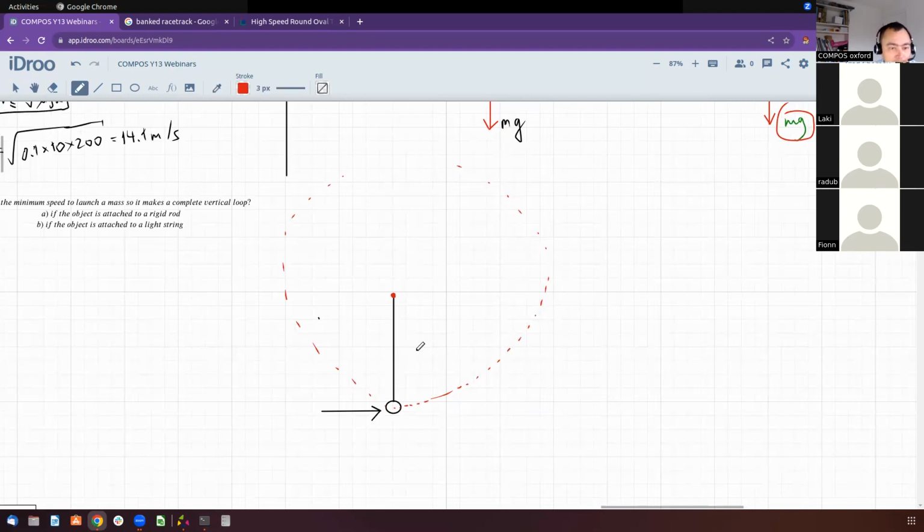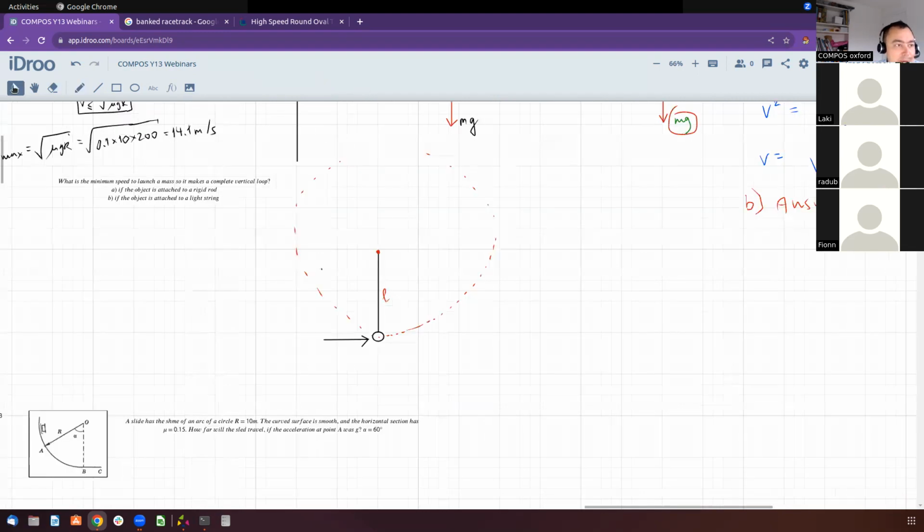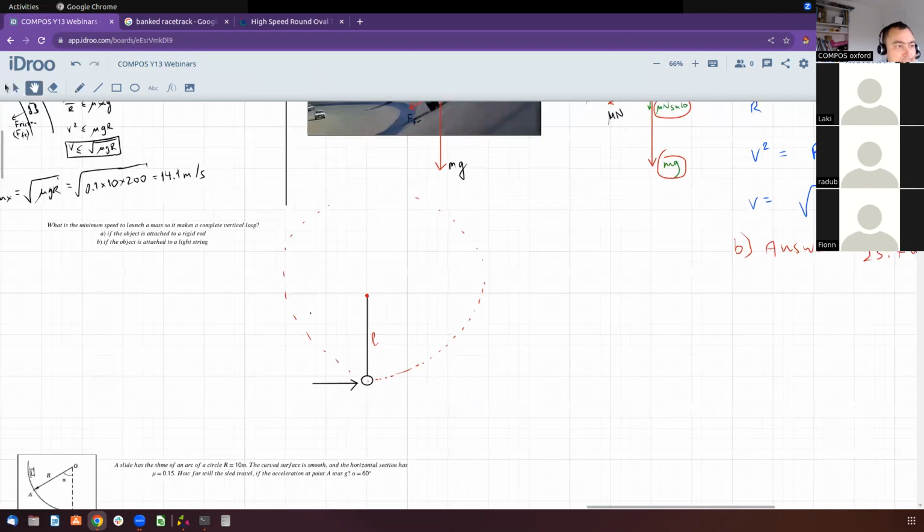Well, if the length of the rod is L, and it's a rigid rod, what's the minimum speed? Can somebody help me? What's the minimum speed you need for it to make a complete loop?